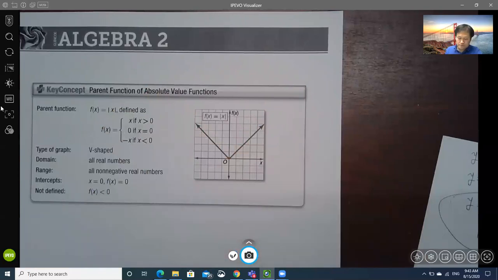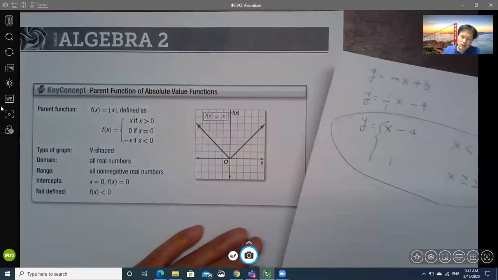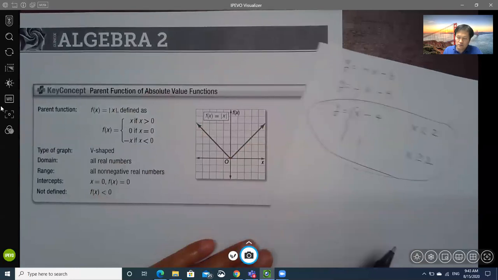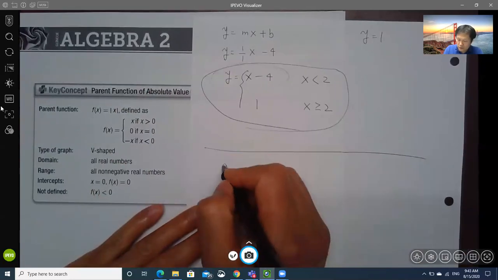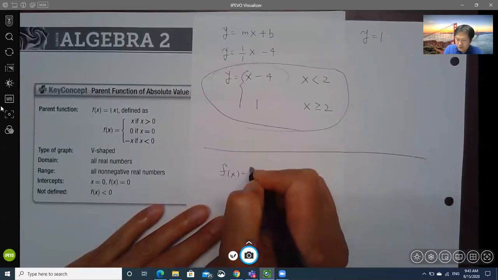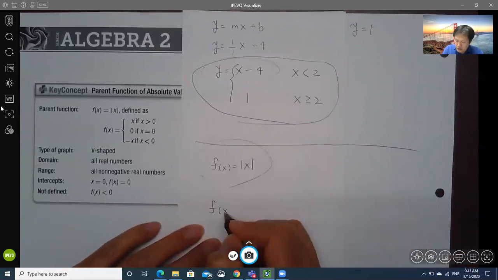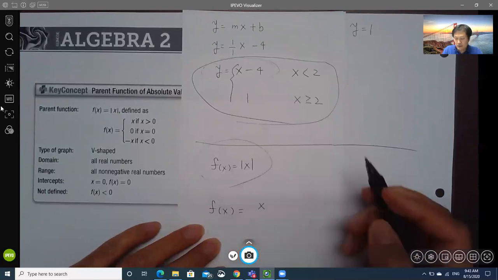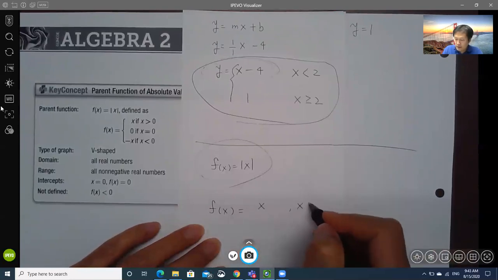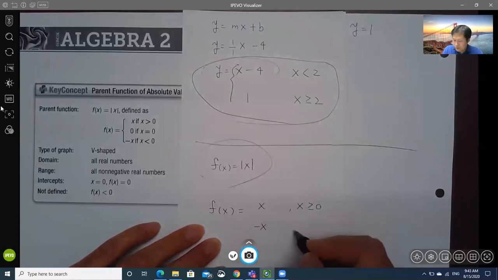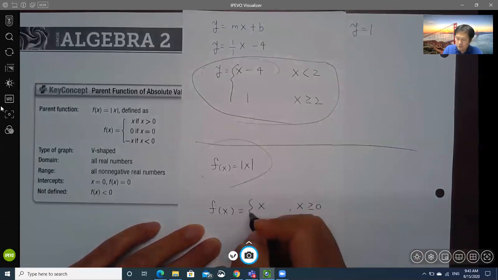Usually they can include 0 at either this end or this end. So usually they say f of x is absolute value of x, equal to x if x is greater than or equal to 0, and minus x if x is less than 0.